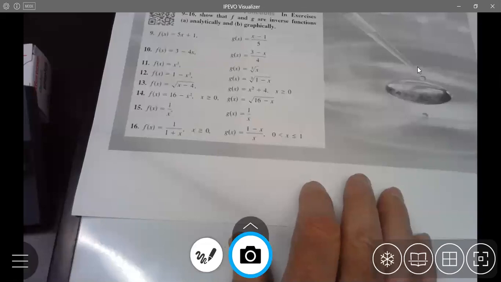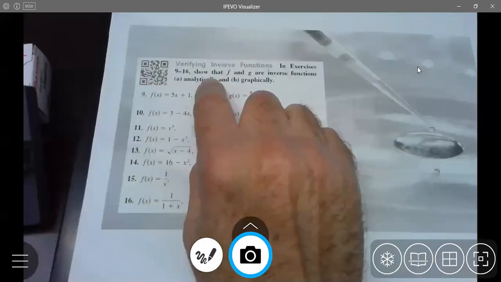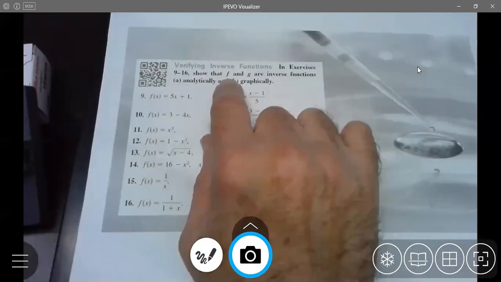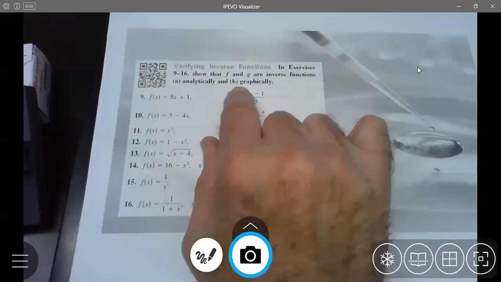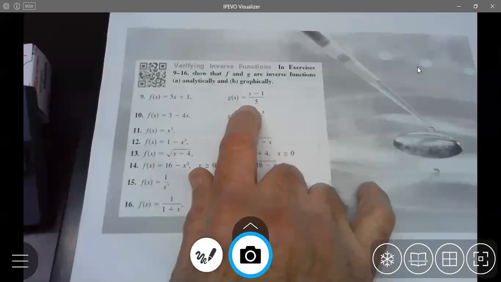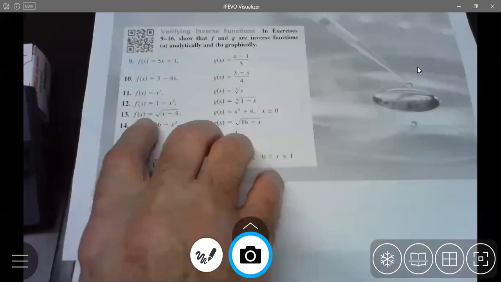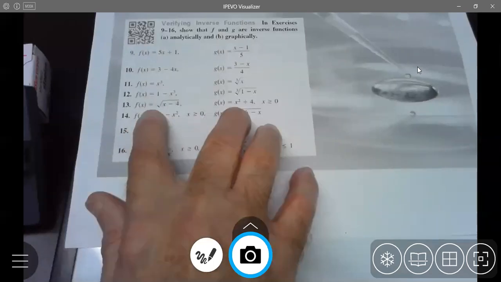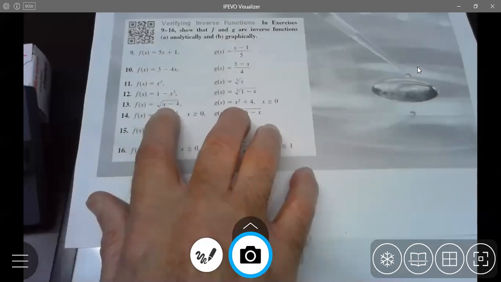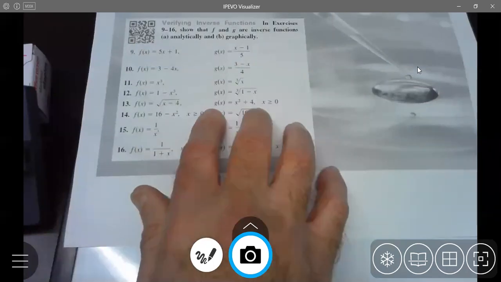All right. So here we have verify the inverse functions. Show that f and g are inverse functions analytically and graphically. We're going to look at problem 13. Here we have f of x is the square root of x minus 4, and g of x is x squared plus 4.